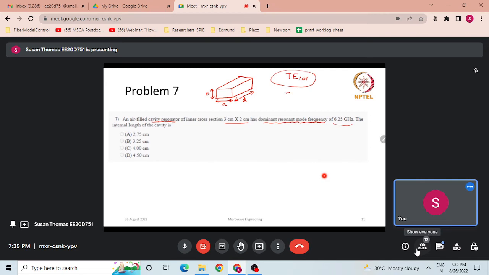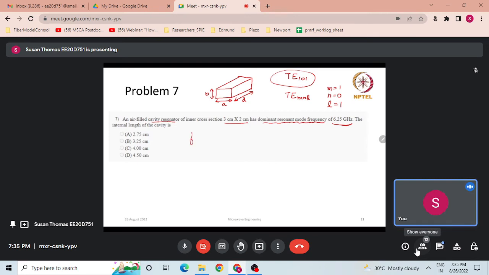This is denoted like MNL. So in the case of the dominant mode, M is equal to 1, N is equal to 0 and L is equal to 1. The dominant mode is the one having the least cutoff frequency. That frequency is known to you, that is 6.25 gigahertz.